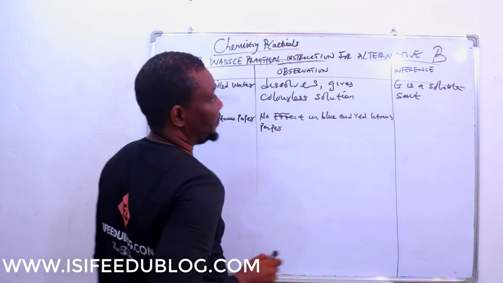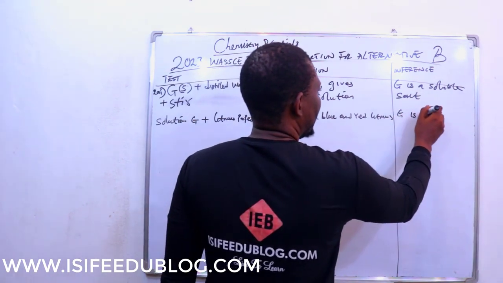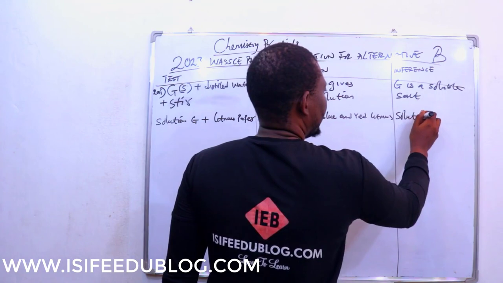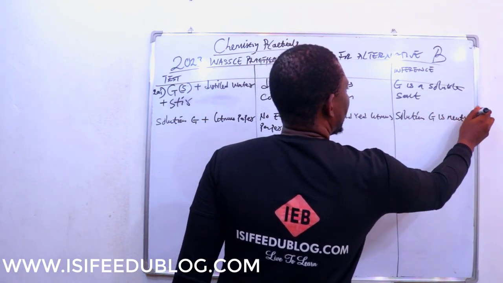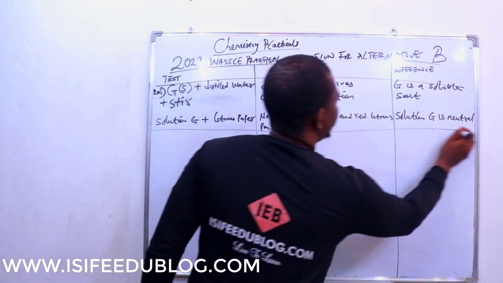So what's going to be my inference? I say that solution G is neutral. Okay, that will be the end of that part of the question.